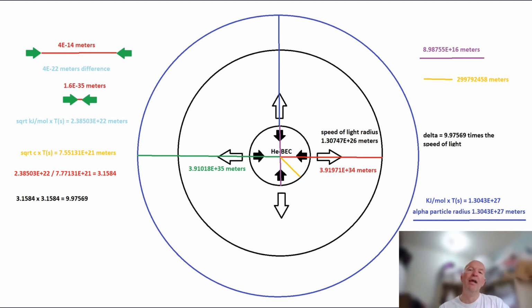And that pi is associated with the inward trajectory from 4 different points, leading to 4 pi, and associated with epsilon naught and mu naught. So the model 1 over c squared equals mu naught epsilon naught provides the mirrored symmetry balance to the helium Bose-Einstein condensate with a diameter c squared.